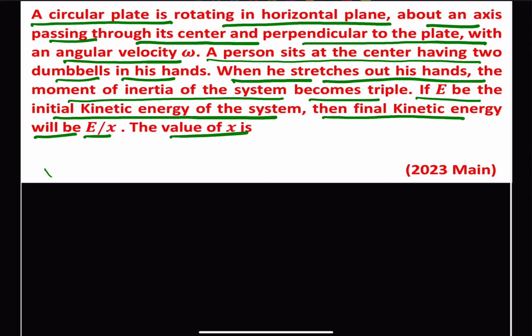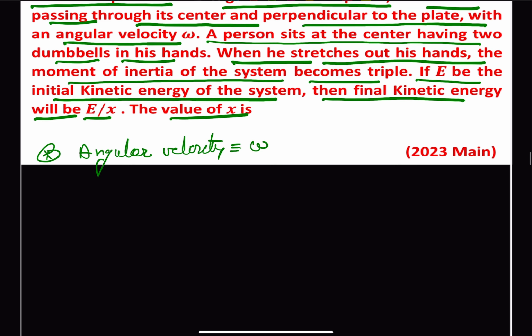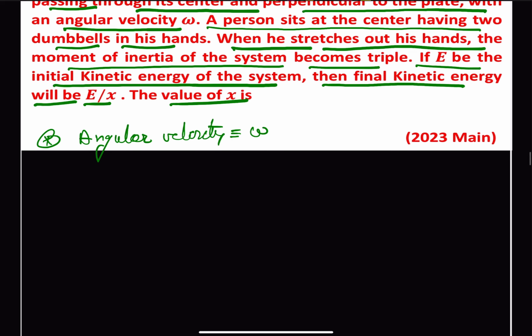So we are given that the angular velocity is omega, and the initial moment of inertia, let us suppose, is I, and its kinetic energy initially is given as E. So the initial kinetic energy is E, and in terms we can write this as half I omega square.